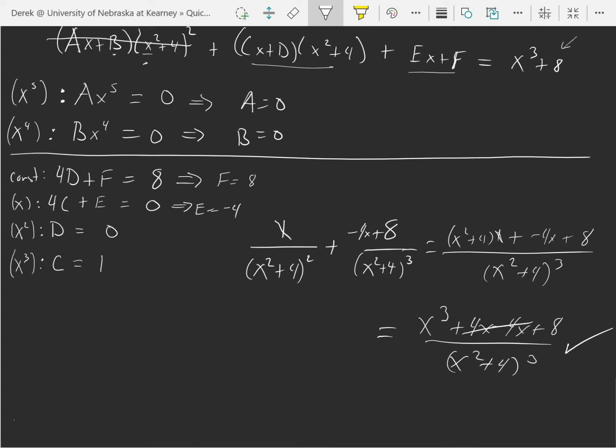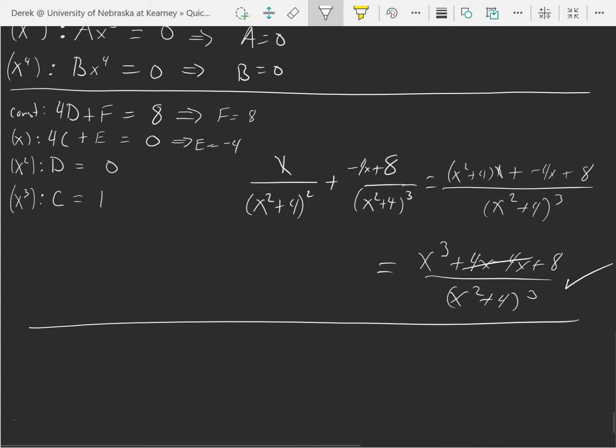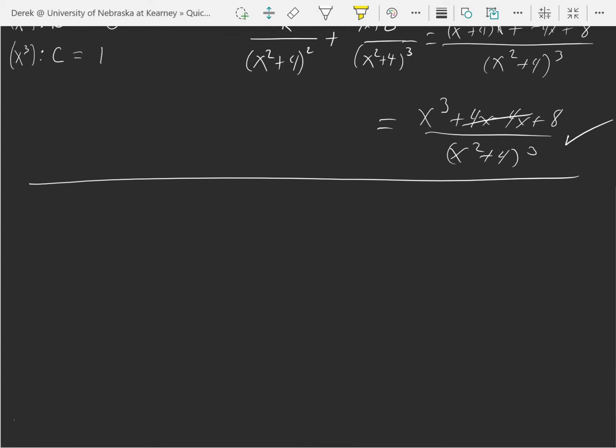One thing about the differentiation rules. Let me do one with linear terms. Let's say I've got x cubed plus x plus 1 over x plus 1 cubed times x minus 1 squared.